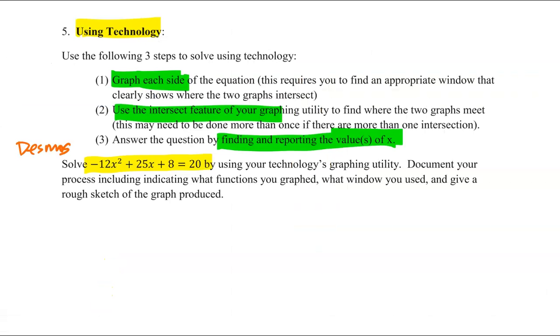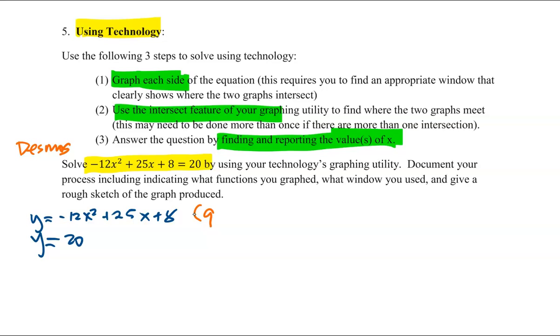So remember, this is the given, negative 12x squared plus 25x plus 8 is equal to 20. Graph each side of the equation. So we did graph, the left side is y is equal to negative 12x squared plus 25x plus 8, and the right side, y is equal to 20. And then we saw that the two graphs intersect.